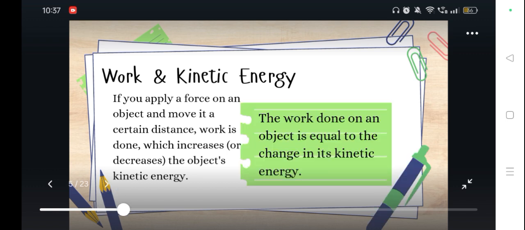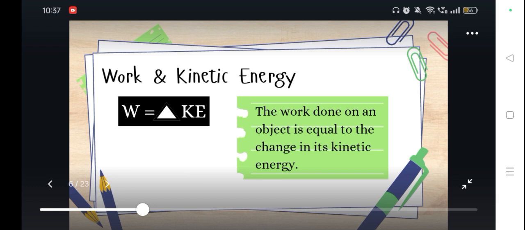So this idea tells us that the work done on an object is equal to the change in its kinetic energy. So following this line of thought, one can mathematically equate work with kinetic energy, or work is equal to the change in its kinetic energy.